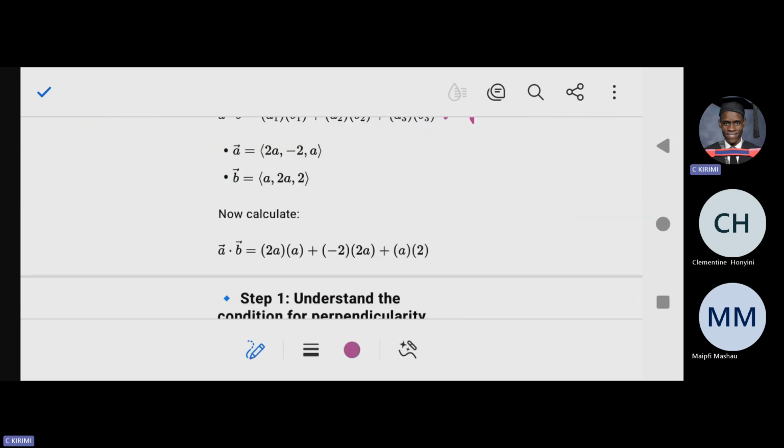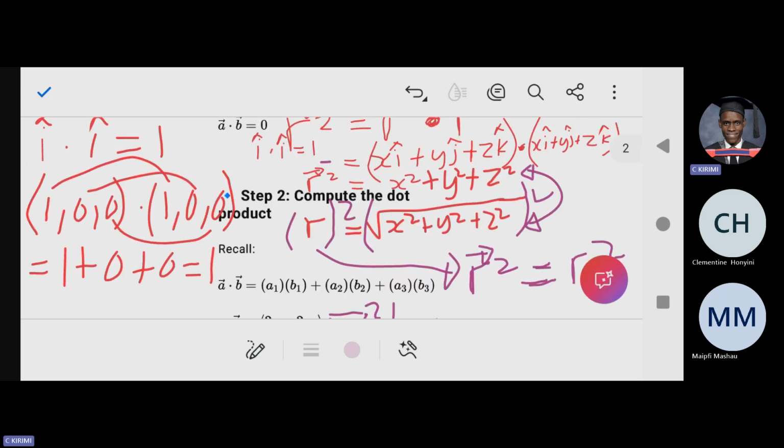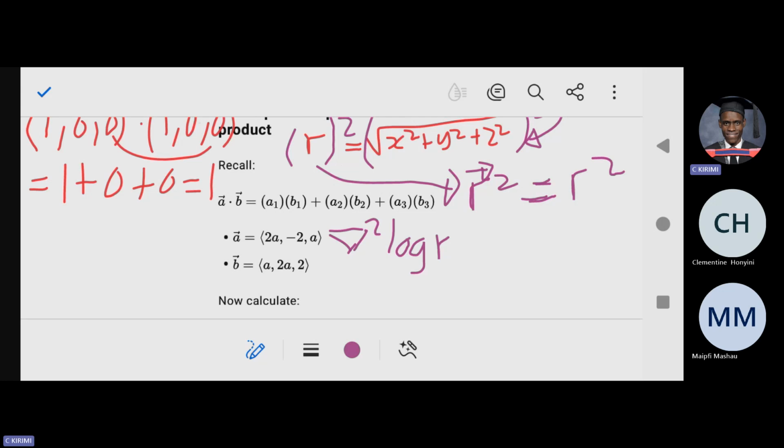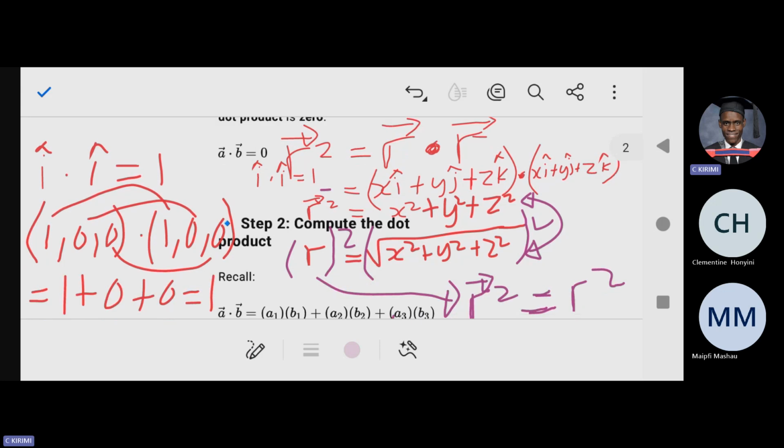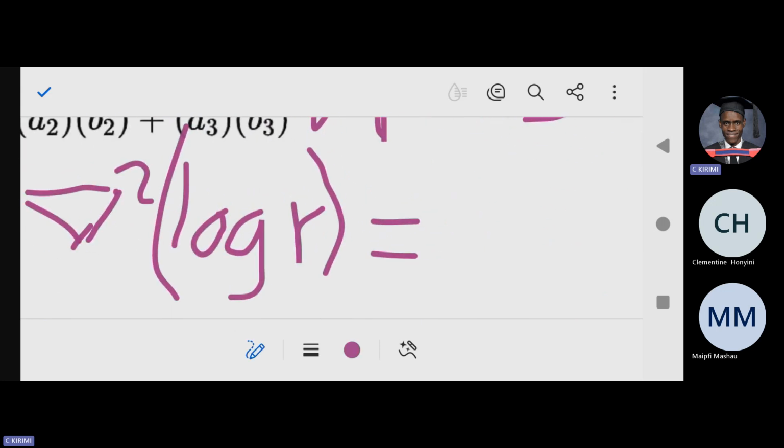Our question now is grad squared of log R. This is now my function, F of R is log R. The formula we already derived in B: if you are given a function of R, you just use part B as a formula, which means it's going to be 1 over R squared.